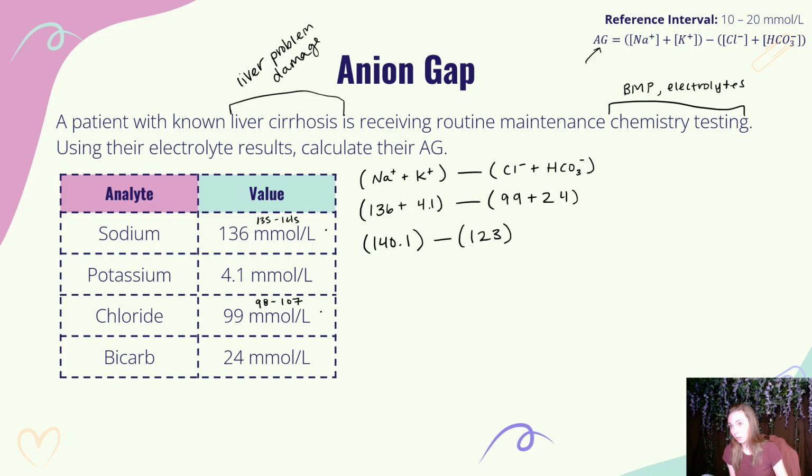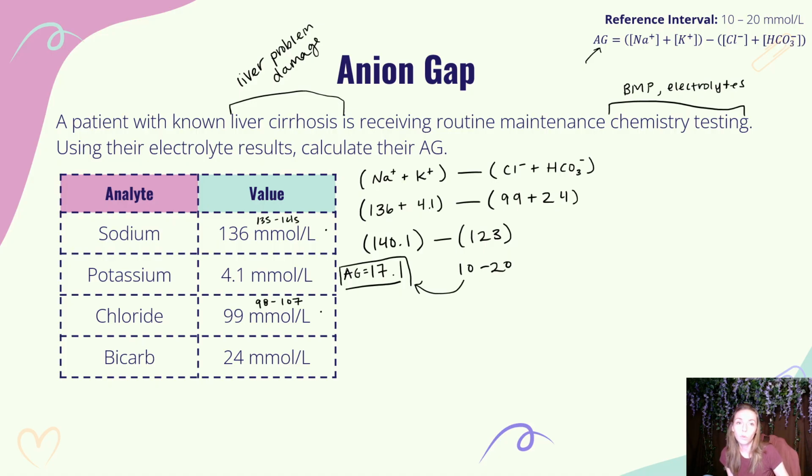And this is where my brain is not going to want to work. 140.1 minus 123 is going to be 17.1. So their AG equals 17.1. Normal AG is again 10 to 20.